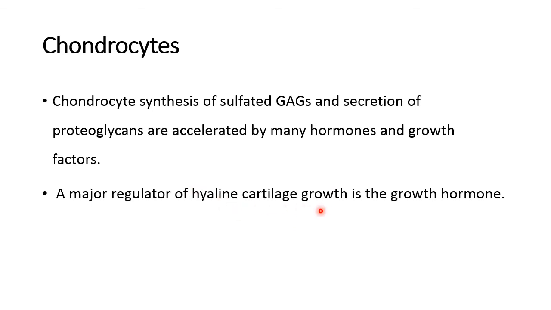So النمو بتاع الهايلاين كارتليج بيعتمد أو بيحصل له regulation بالجروث هرمون. Growth hormone acts on cells of the liver to release insulin-like growth factor. Insulin-like growth factor يؤدي لل differentiation of chondroblast to chondrocytes.